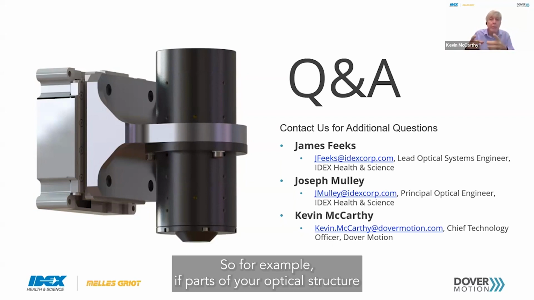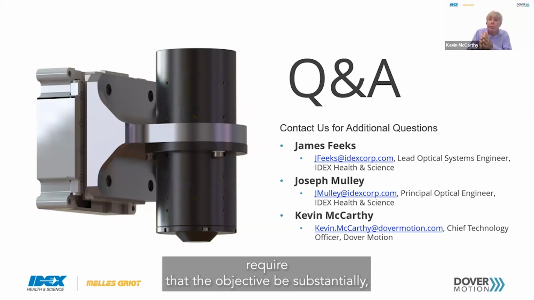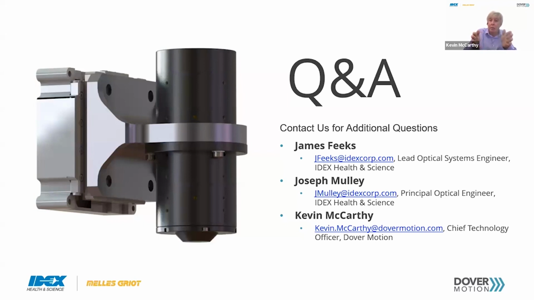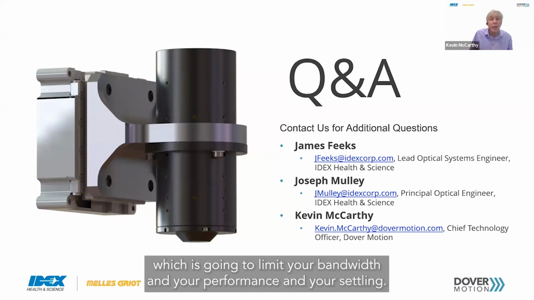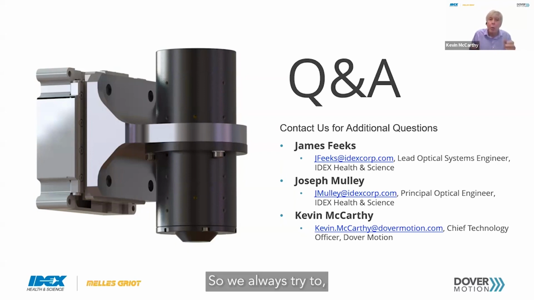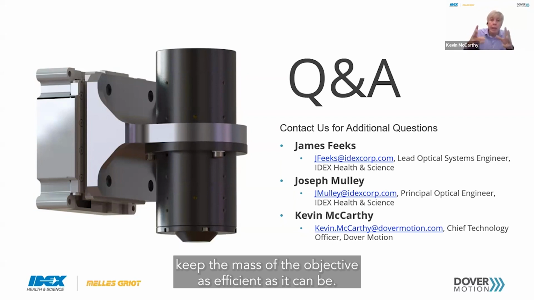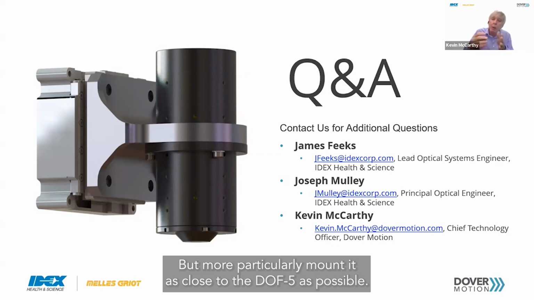If parts of your optical structure require that the objective be substantially spaced out from the DOF5, then the polar moment of inertia is going to set a fundamental resonance, which is going to limit your bandwidth and your performance and your settling. So we always try to keep the mass of the objective as efficient as it can be, but more particularly mount it as close to the DOF5 as possible.